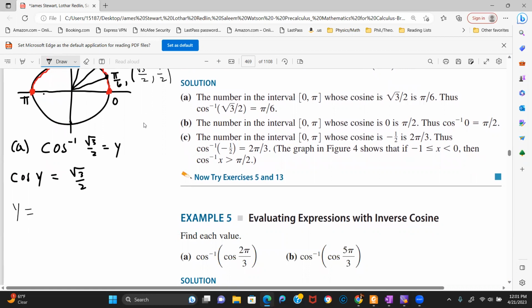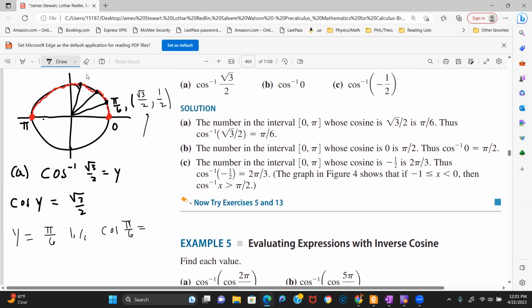So y is equal to pi over 6, because when you take cosine of pi over 6, you go to this point and you look at the x coordinate. Well, the x coordinate is root 3 over 2. So that implies that cosine inverse of root 3 over 2 is equal to pi over 6.